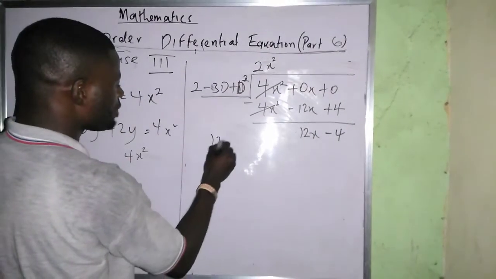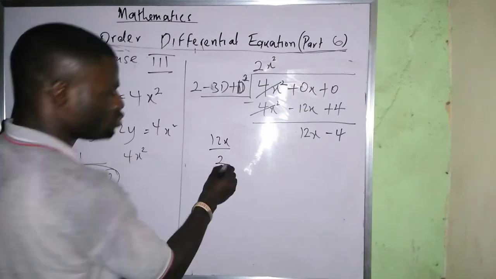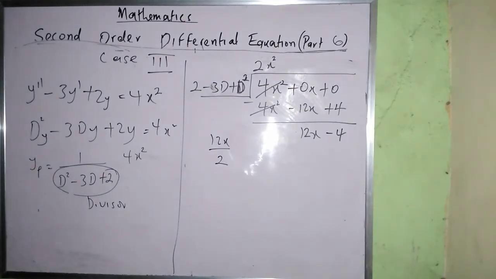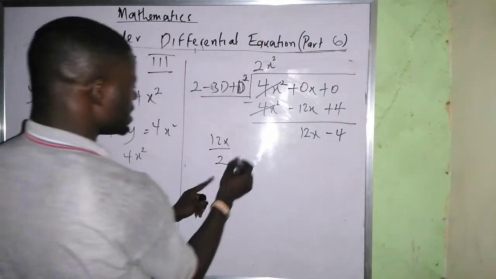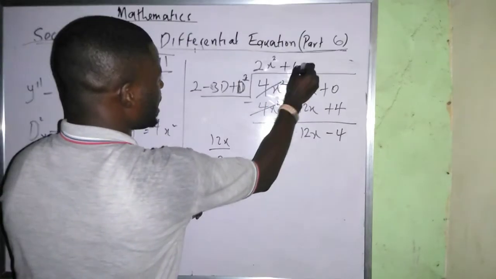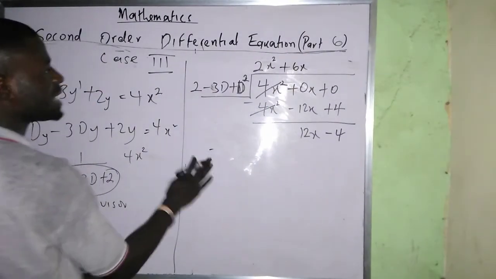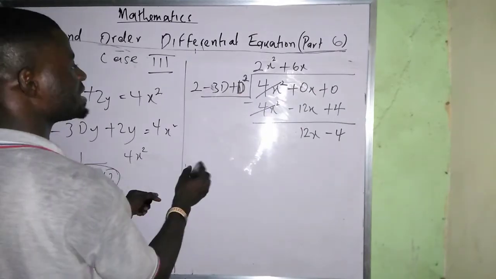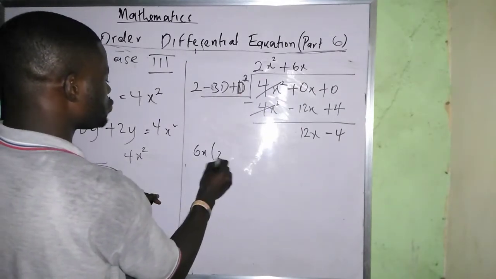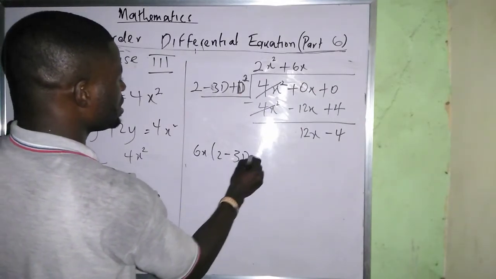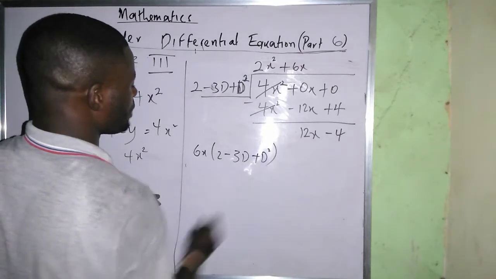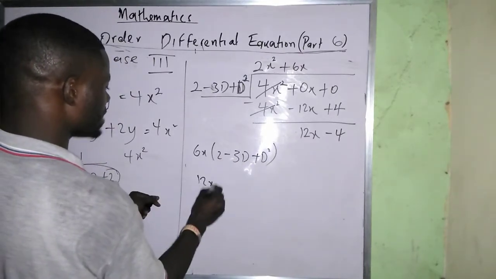This divided by this, it means 12x divided by 2. The way we normally do our long division method, I will be having 6x. Now, my plus 6x, I will use it to multiply everything that is here, which is 6x bracket of 2 minus 3D plus D squared. I have 12x.